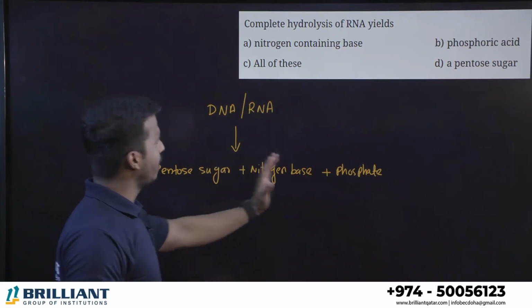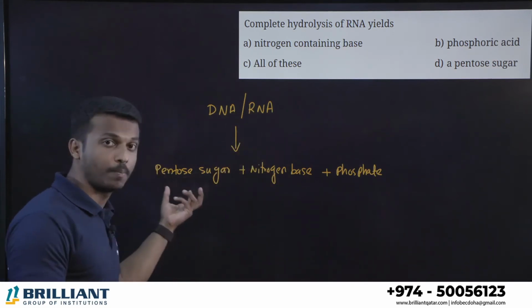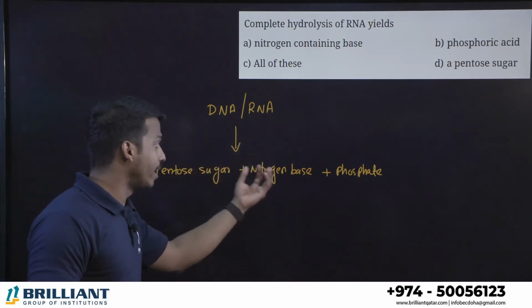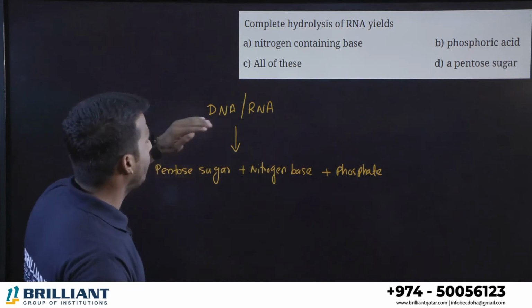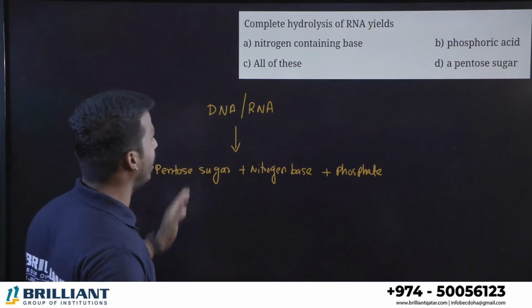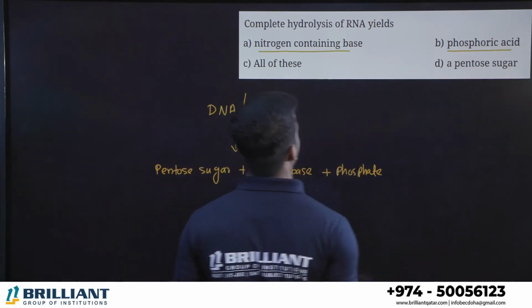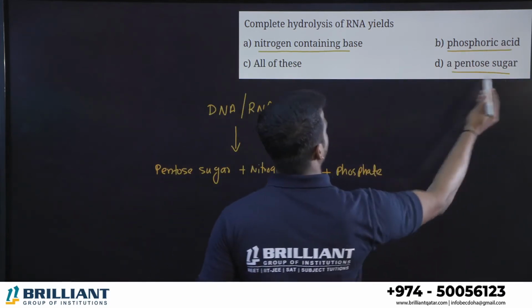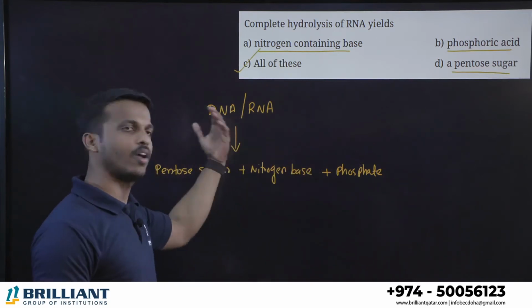These are common in DNA and RNA, but the compounds are different, right? The pentose sugar in DNA and RNA is different. Nitrogen bases in DNA and RNA are different. Phosphate is common. So complete hydrolysis of RNA yields nitrogen base, phosphoric acid and pentose sugar. Yes, all of these are produced by the hydrolysis of RNA or DNA.